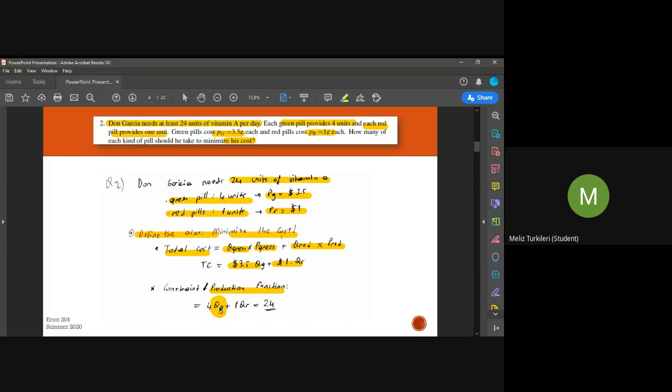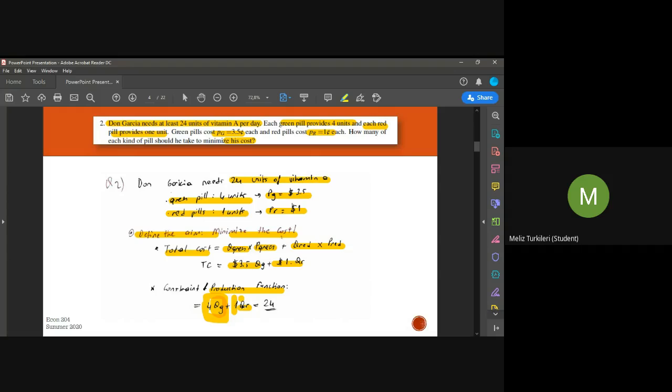If I assume that I consume 1 unit of green pill, I'm going to get 4 units of vitamin A. So you can formalize it like that. And also, if you consume 1 unit of red pill, you are going to derive 1 unit of vitamin A. So you can also write it like that, formalize it like that.